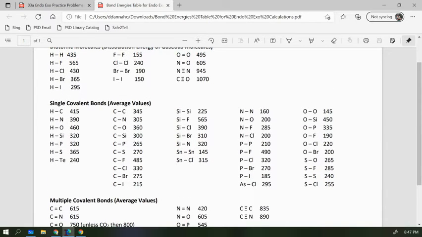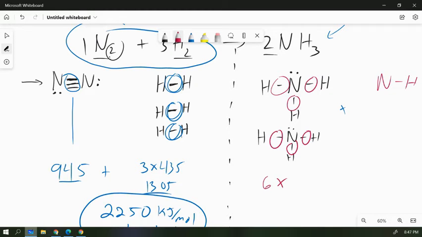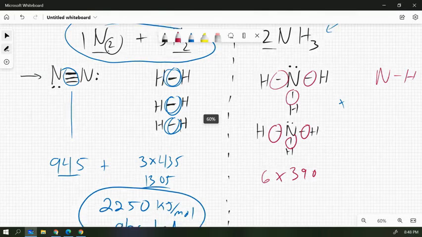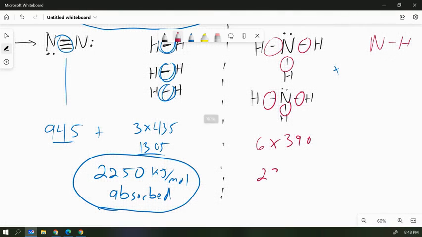Nitrogen-hydrogen single bond is 390. So that's the value that we need to put here: 6 times 390 kilojoules per mole. We punch that into the calculator and we get 2340 kilojoules per mole. Now, that's how much energy is released.